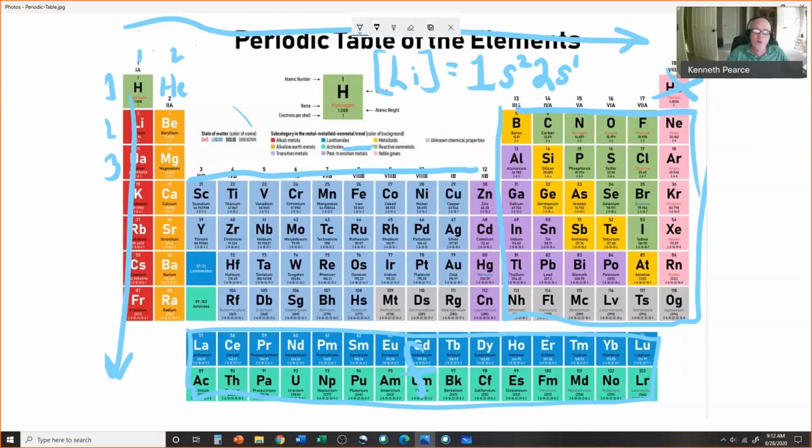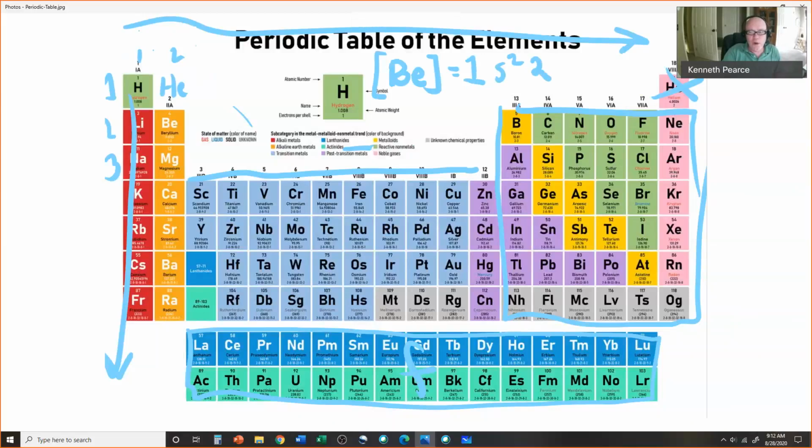Now, we can go on to beryllium. I'll go ahead and erase this. Let's go on to beryllium, Be. And we put it in square brackets. And once again, we have to start with hydrogen. And we go left to right, top to bottom. And we say 1s2 for the first row. And then we look down and we see lithium.